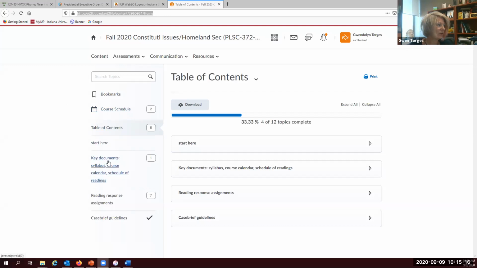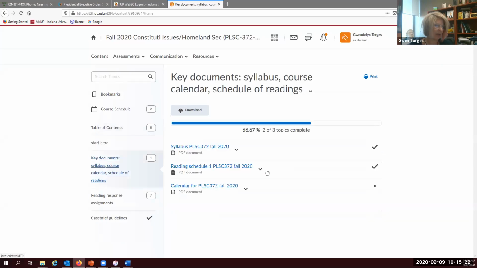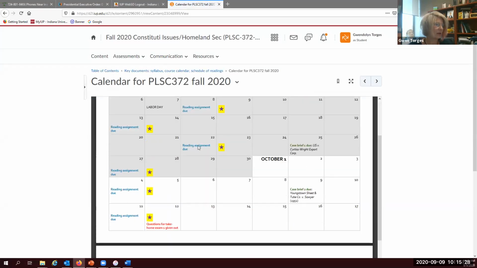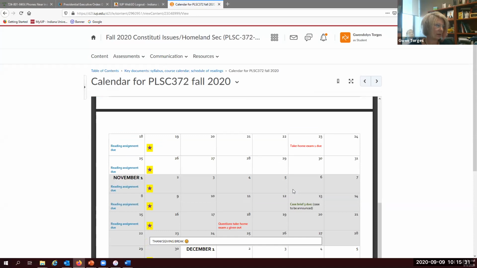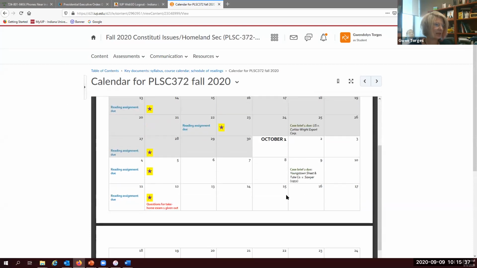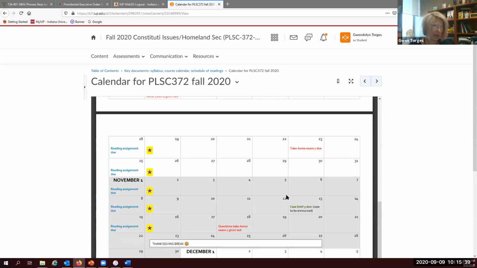So if you go to the Contents tab, to Key Documents, there's now a calendar that shows when the various assignments are due. And I kind of pared things down a little bit. I had said that there would be 3 take-home exams.